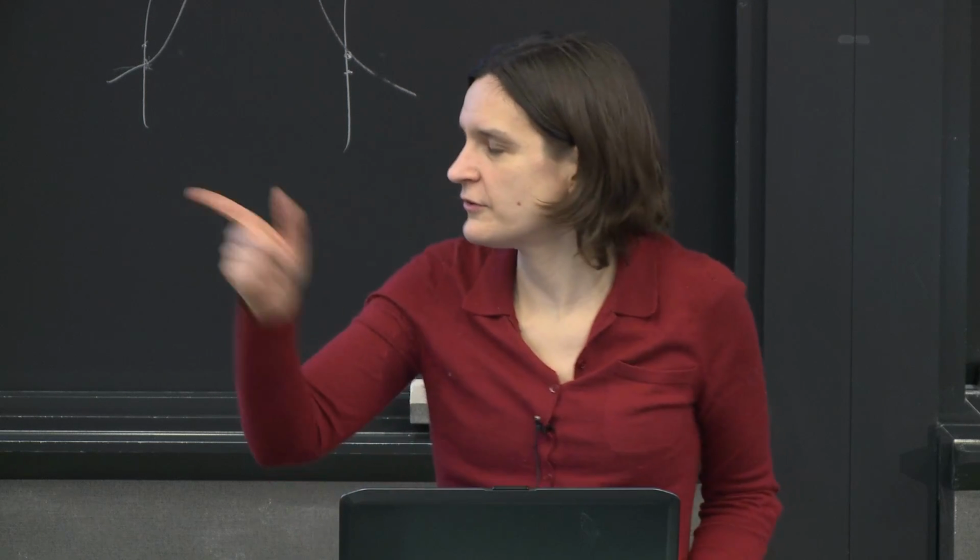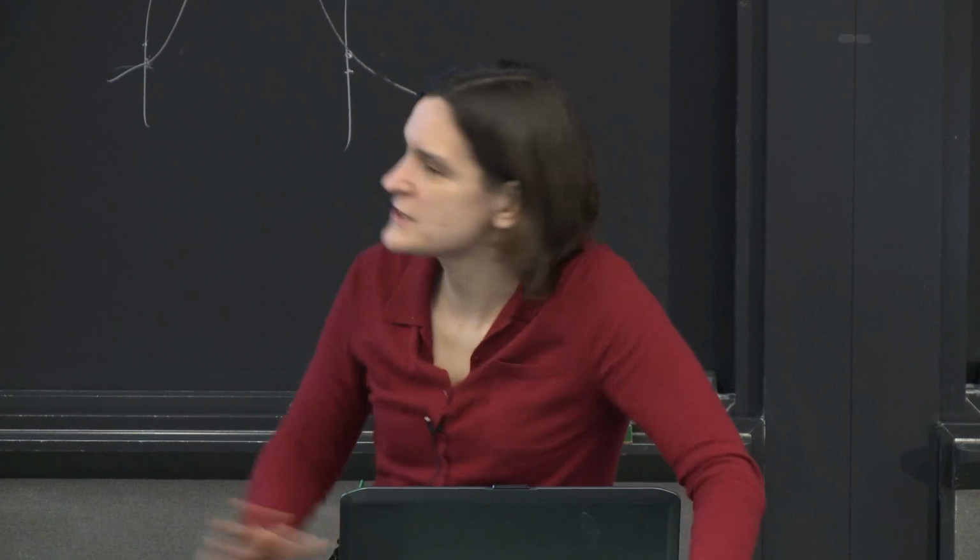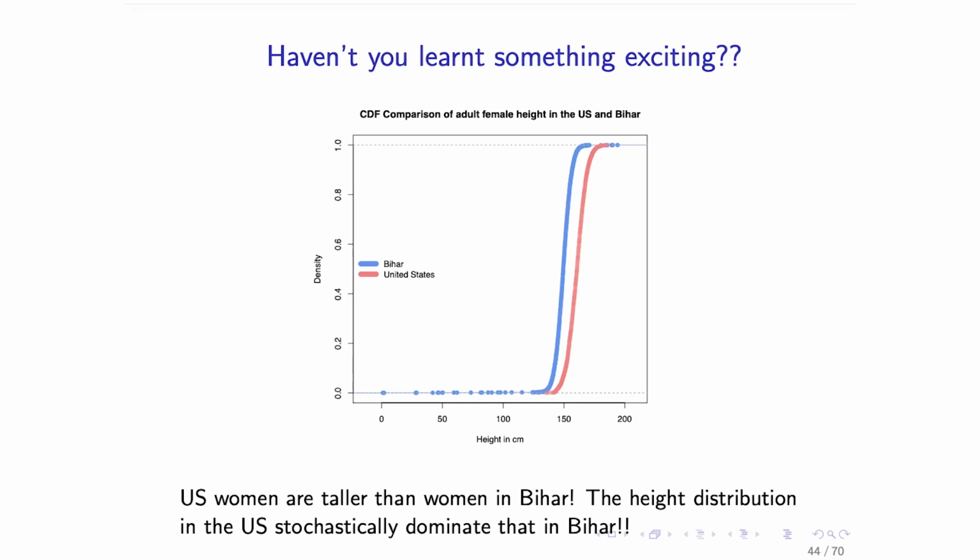In the same way, we had one question. I just wanted to understand, how do you use the word first order stochastic? First order stochastic dominance. Why first order? First order stochastic dominance is about the fraction of people who are below a certain height.